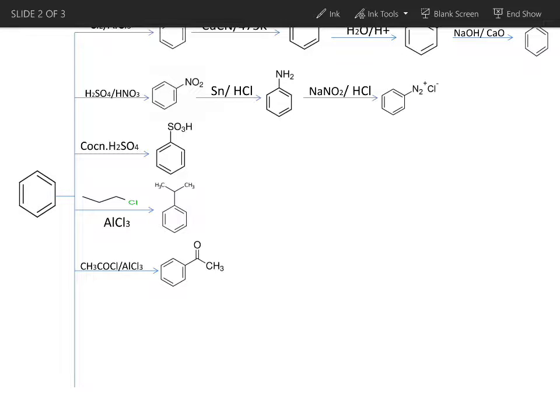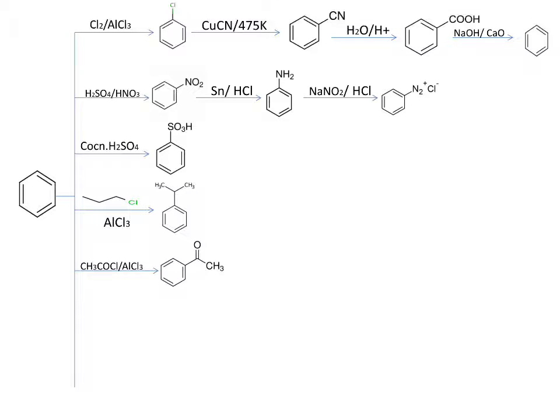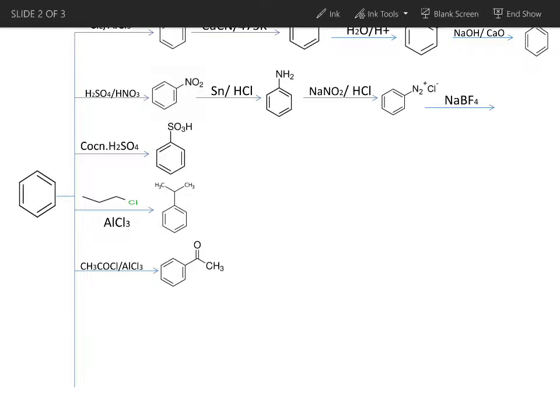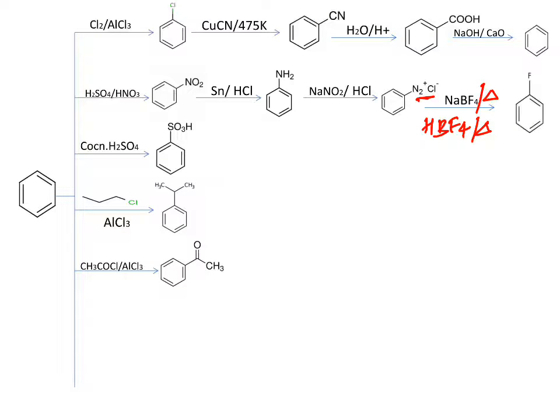Now here, benzene diazonium chloride is further reacted with sodium fluoroborate. When benzene diazonium chloride is heated with sodium fluoroborate, or even hydrogen fluoroborate, benzene diazonium chloride will get converted into fluorobenzene.